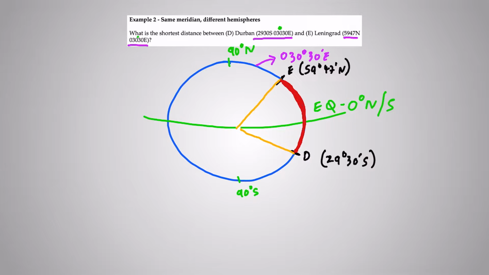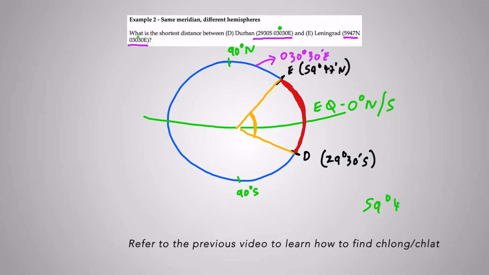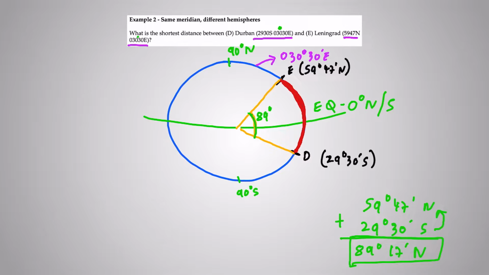Now to find this, we'll have to find this angle first, and to find this angle, we'll have to find the change of latitude. The change of latitude over here will be, perfect. Now we have this angle, which is 89 degrees 17 minutes. And now to get the red distance, I will just have to convert this angular distance to linear distance. And how do we do that?